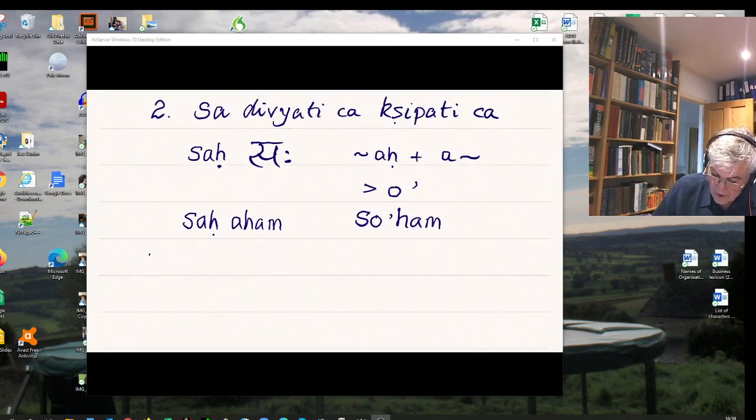Now, 3. Tani nanashyanti. I'm just going to put an asterisk here to show this form is wrong. And soham is correct. So, tani nanashyanti.